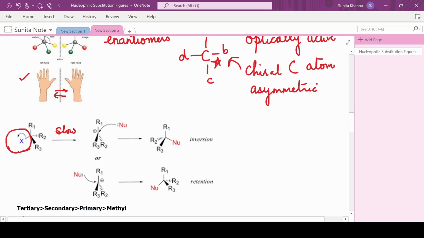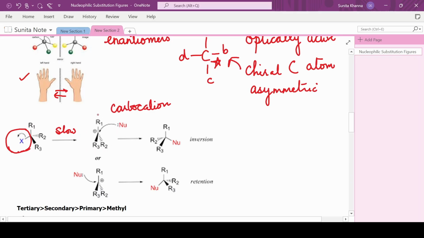Okay, this is the first step. Nothing else is happening. The leaving group is leaving. Now this is the carbon atom, and attached to it is the halogen, carbon-halogen. Because of the difference in electronegativity, the halogen leaves with both the electrons, leaving behind the positive charge. The formation of a carbocation takes place.